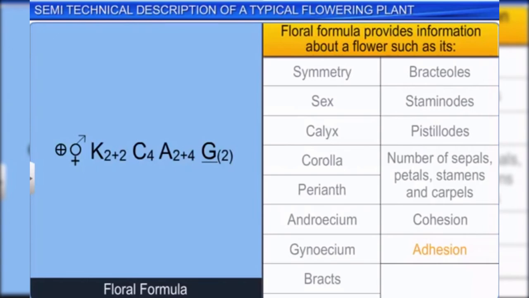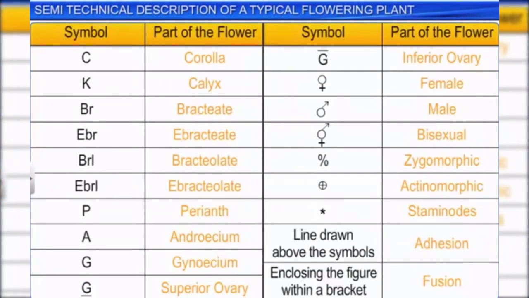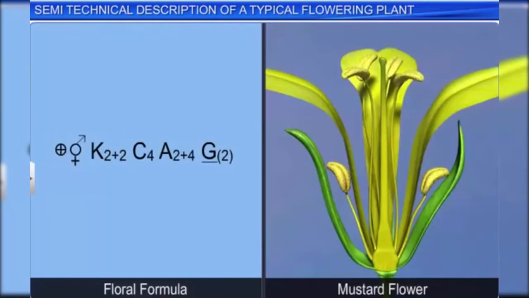Some of the symbols used to represent the different parts of a flower and the relationships between these parts are as shown. Let's understand the symbols in the floral formula of a mustard flower. The mustard flower is actinomorphic and bisexual. The calyx has 4 sepals arranged in 2 rows and the corolla has 4 petals.